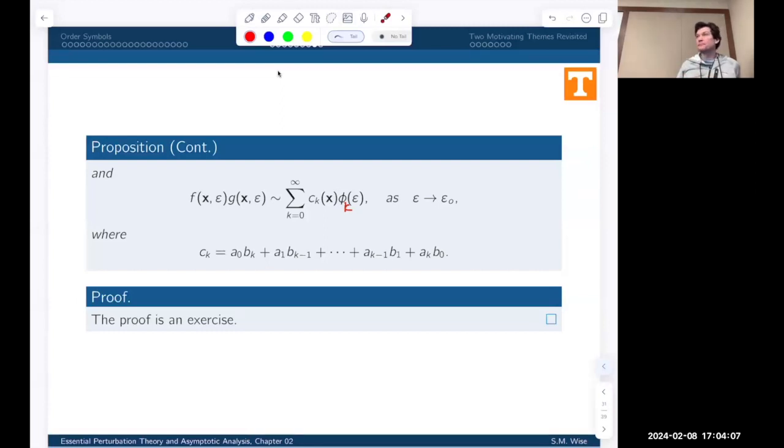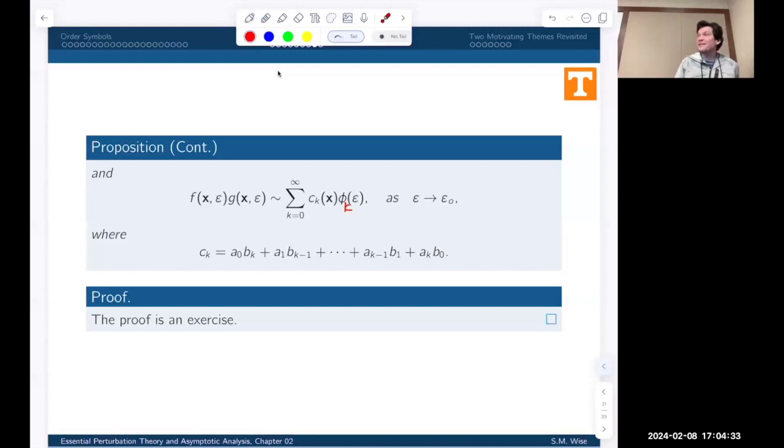Maybe. I'm pretty sure at least one of them has to be absolutely convergent, but I can't remember if it's both or not. Let's just say I'm pretty sure that if both are absolutely convergent in the overlapping radius of convergence, then the product series does converge and it has these terms exactly.